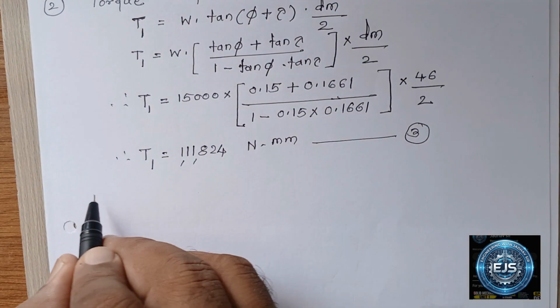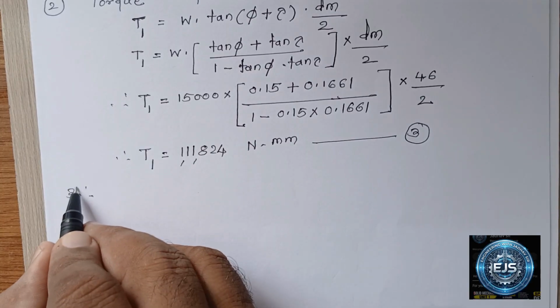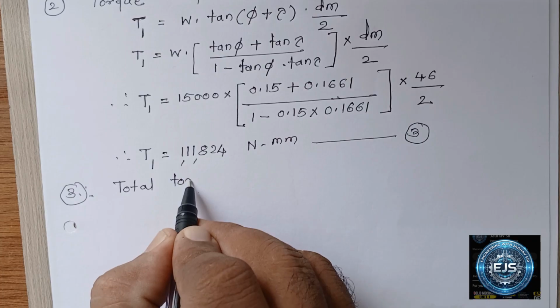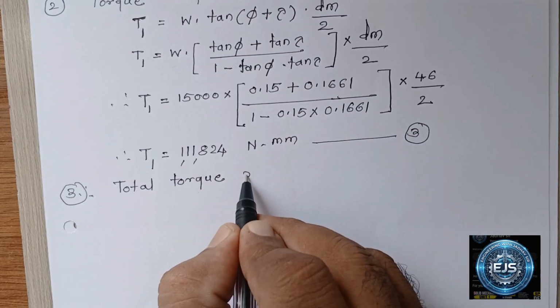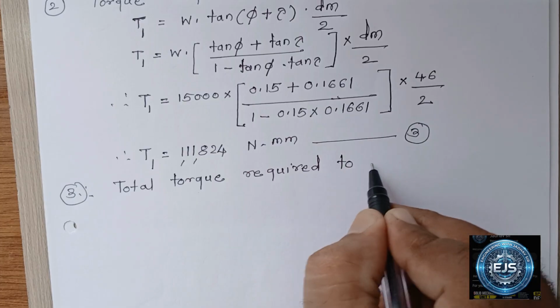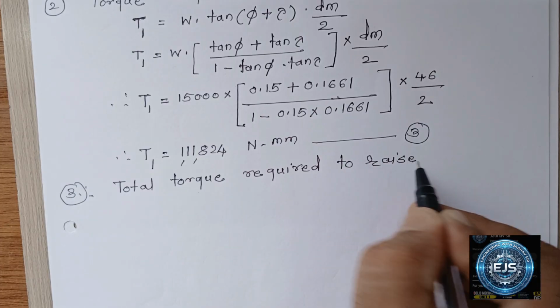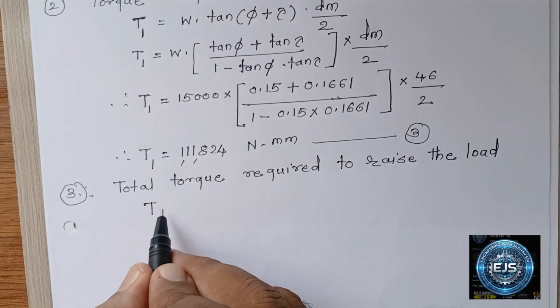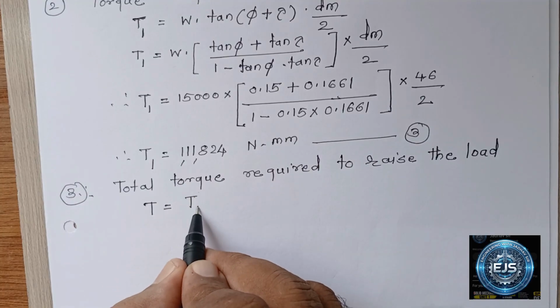So the total torque required to raise the load W is calculated as T is equal to T1 plus Tc.